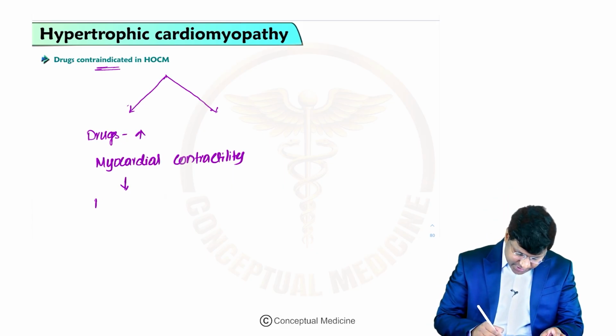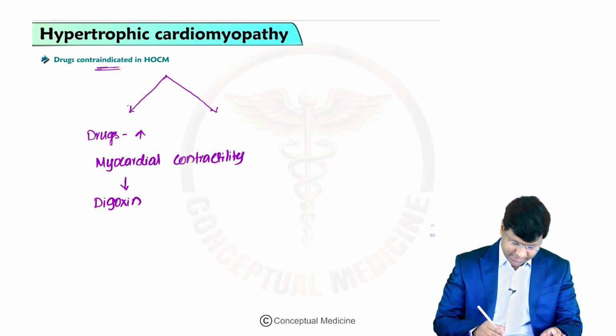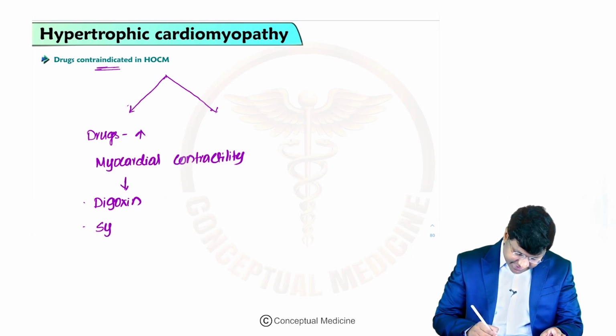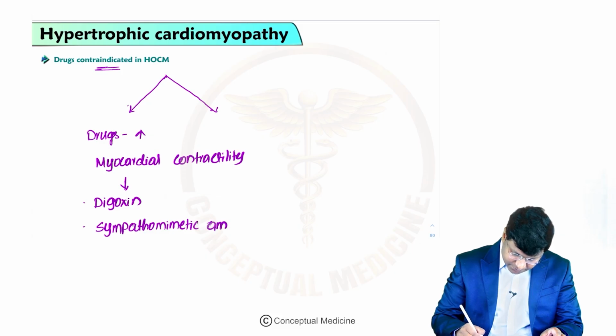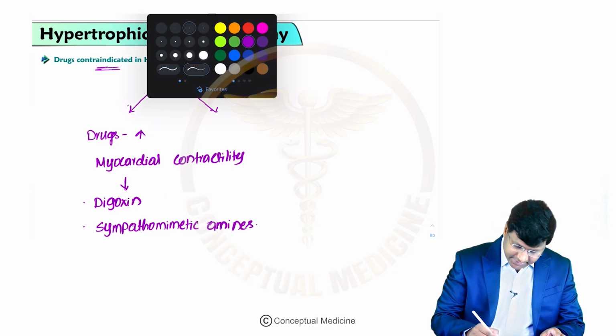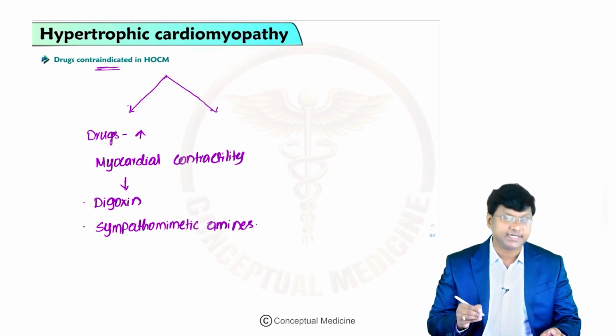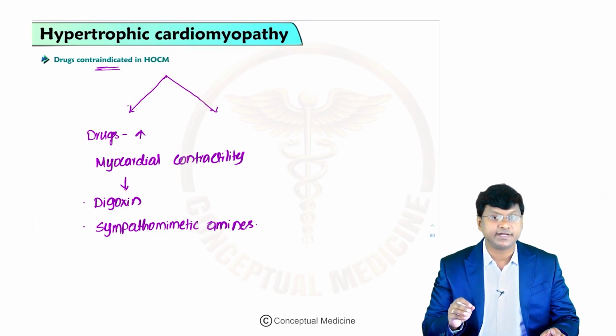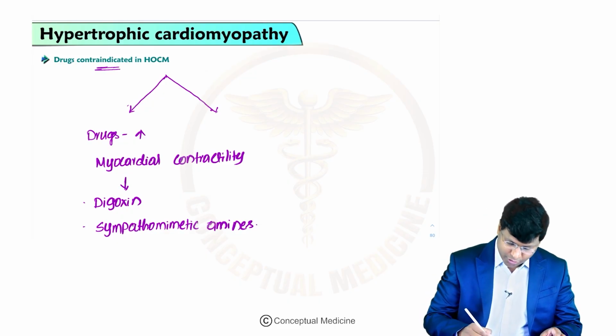So, what are those drugs? Like digoxin should not be given. Next, sympathomimetic amines. Right, they are contraindicated. Next, the other group of drugs that are contraindicated is the drugs which decrease ventricular volume.